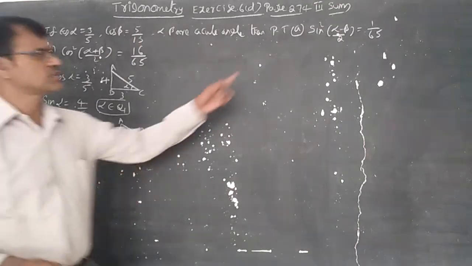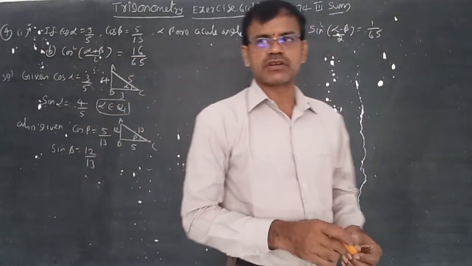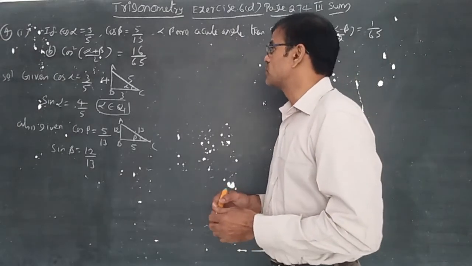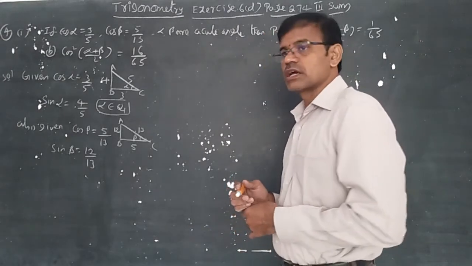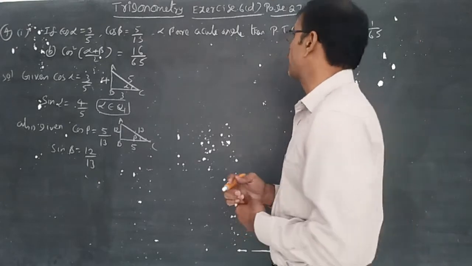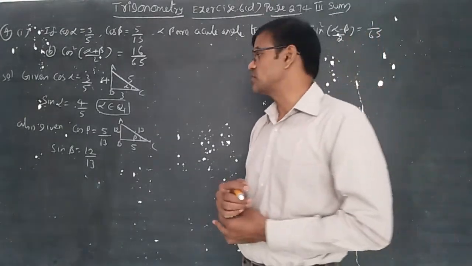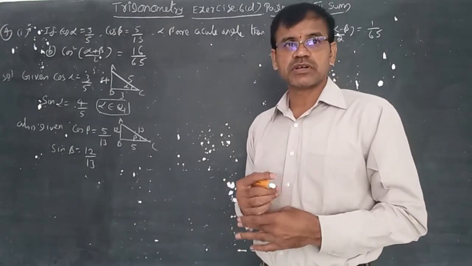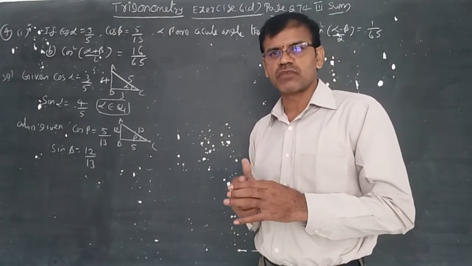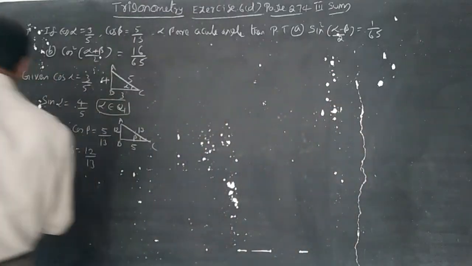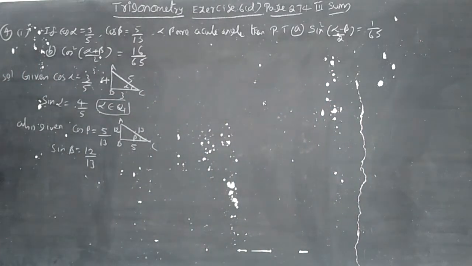Now he is asking sin square of (alpha minus beta) by 2 and cos square of (alpha plus beta) by 2. So we need to understand that we should calculate the value of cos of (alpha minus beta). Formula: cos A cos B plus sin A sin B. Cos of (alpha minus beta) and the formula 1 minus 2 sin square of (alpha minus beta) by 2 using the submultiple angle. So first of all we need to calculate cos of (alpha minus beta). Later you can understand.